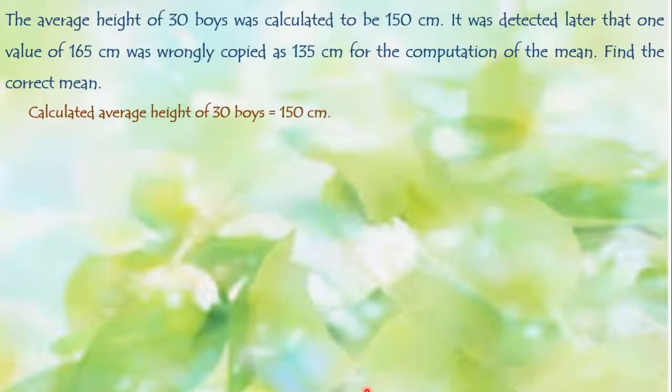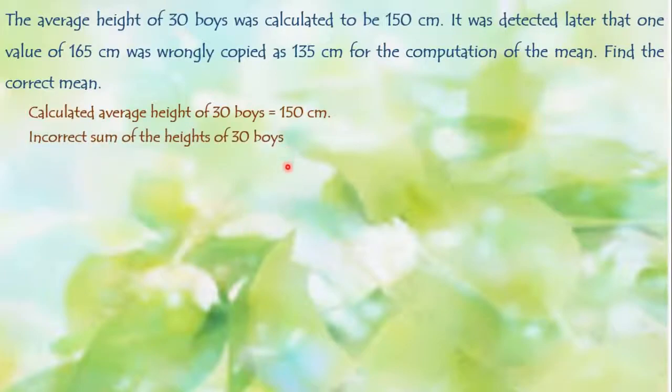From here, as usual, we can find the incorrect sum. Why is it incorrect? Because it was later detected that one value of 165 was wrongly copied as 135. What is the meaning? The correct value was 165, but we wrote 135 when adding the heights. So we are going to find the incorrect sum.